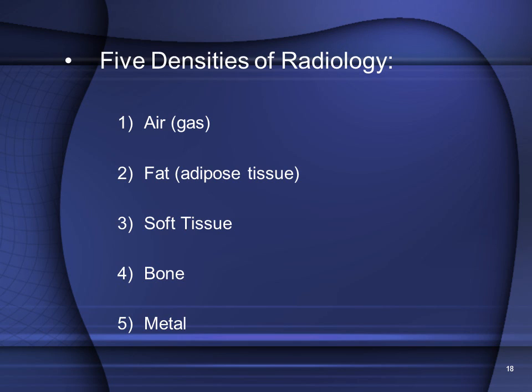And you see here on the right, we are moving from least dense to most dense, most radiolucent to most radioopaque, most dark to most white. Air, fat, soft tissues such as organs, muscle and skin, bone, and metal. These are the 5 densities of radiology.